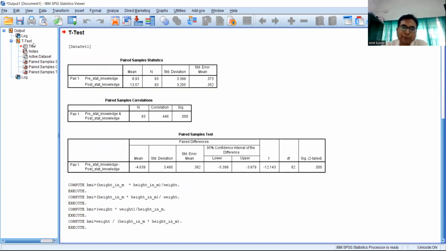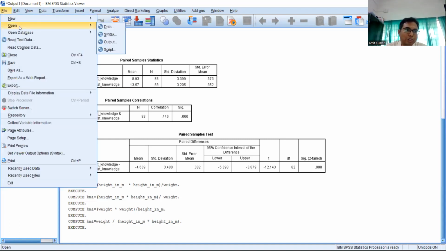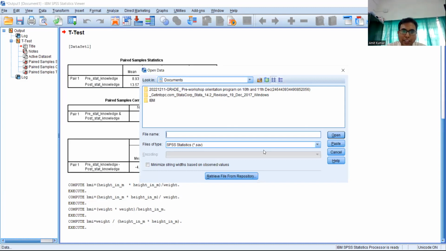The first step is you have to import your Excel dataset into the SPSS software. Just see where my cursor is and follow it. I will click on File, then go to Open, then Data, because we want to import the data from Excel to SPSS. Then this window will appear.